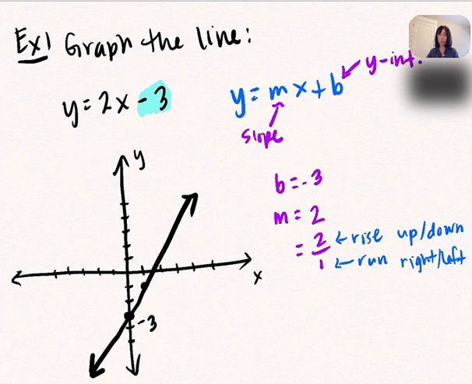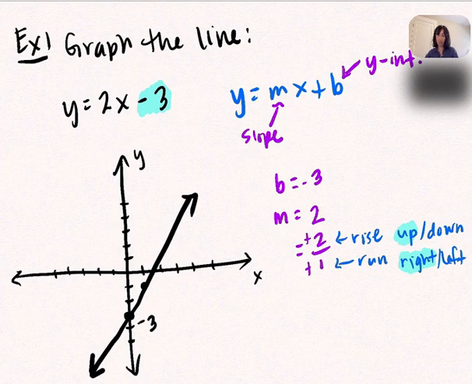Now, just a quick note, the reason I went up and right is because these are both positive numbers. If you have a negative for one of them, you can go down if it's a negative on the top, or left if it's a negative on the bottom to get your second point.